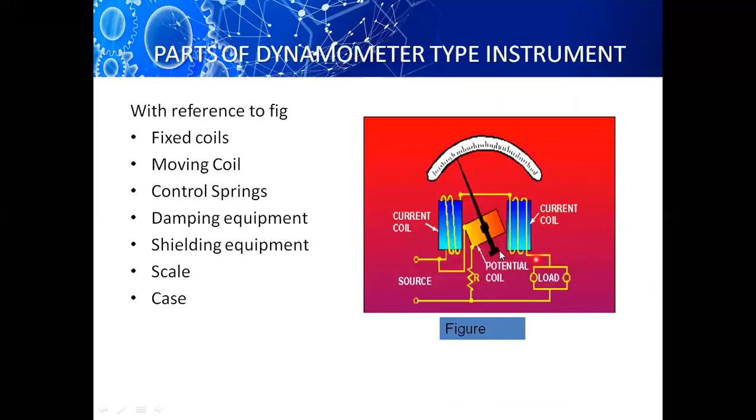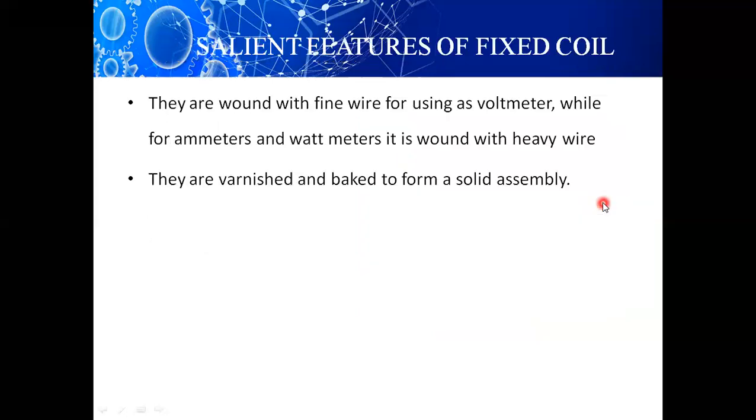It is possible only when winding is done and they are varnished and baked properly, so that the wire does not come outside of the coil. The solid assembly makes the construction rigid.